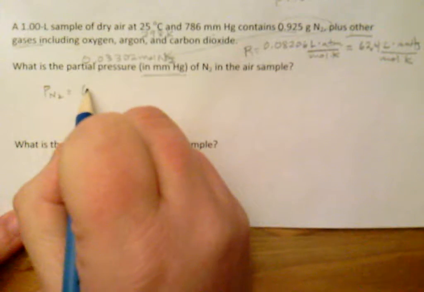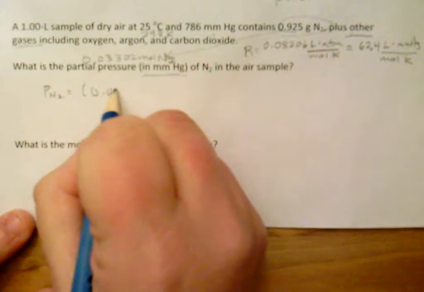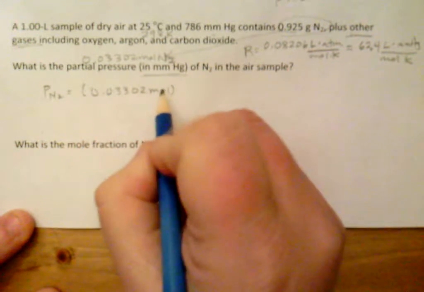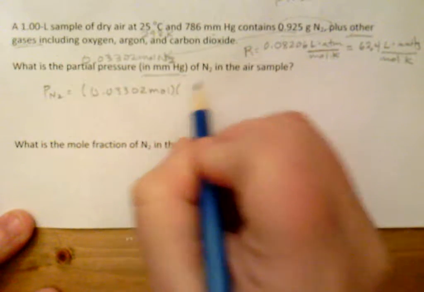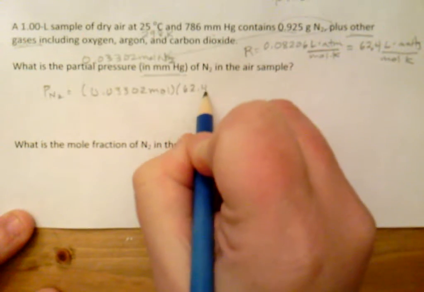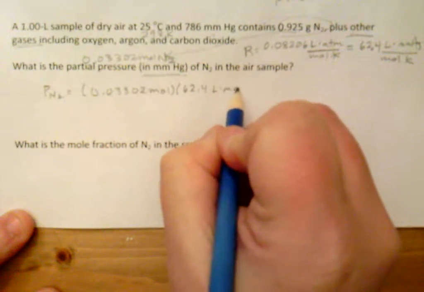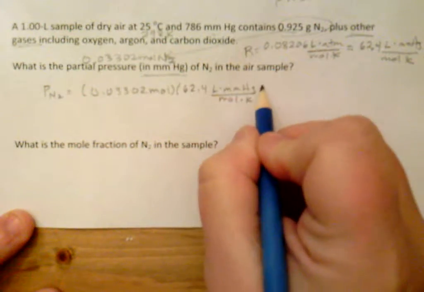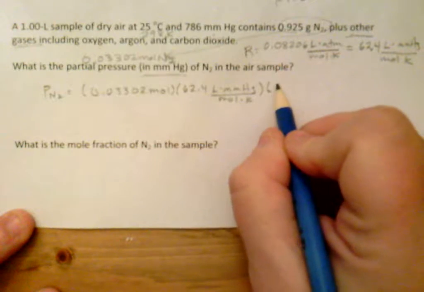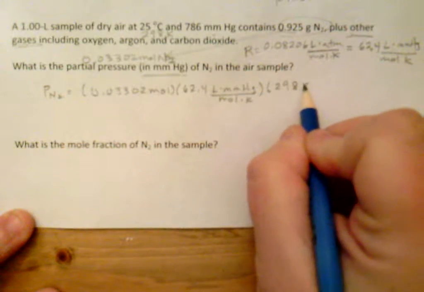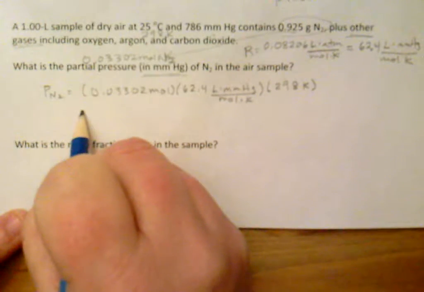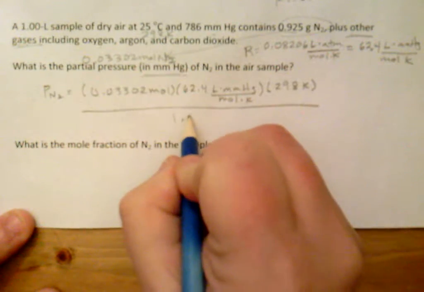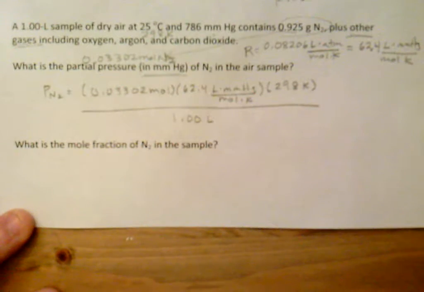So let's put that into our PV equals nRT equation. 0.03302 moles times R, which is 62.4 liters times millimeters of mercury per mole Kelvin. Now I need my Kelvin, which is 298 K. And the whole thing goes over volume, which is 1.00 liters.